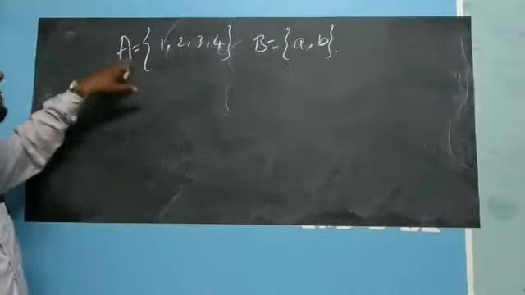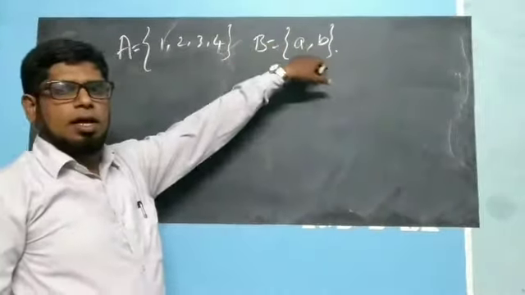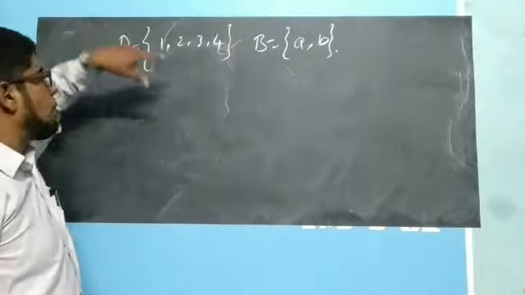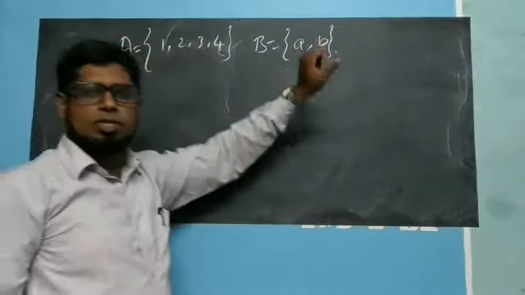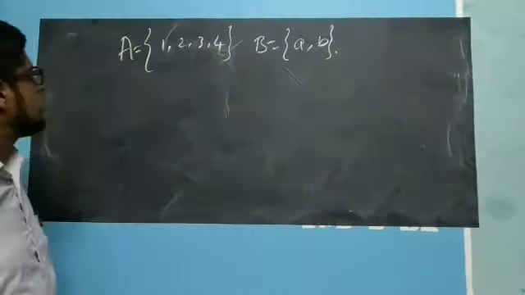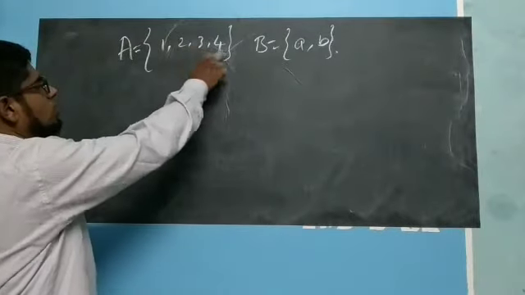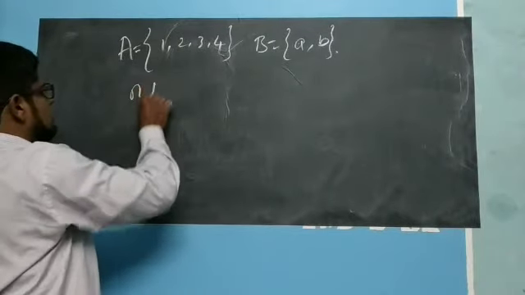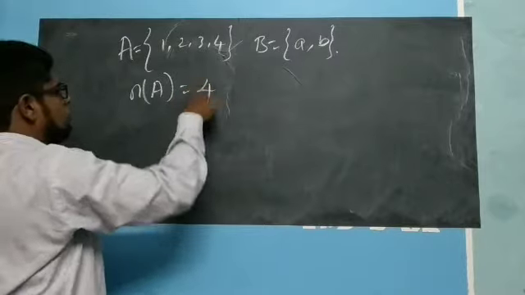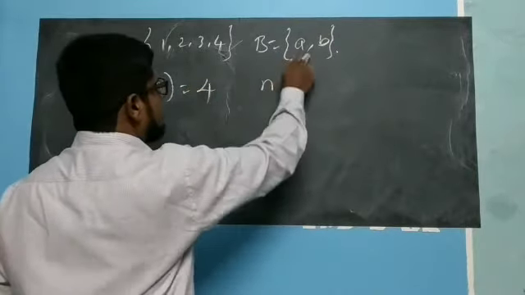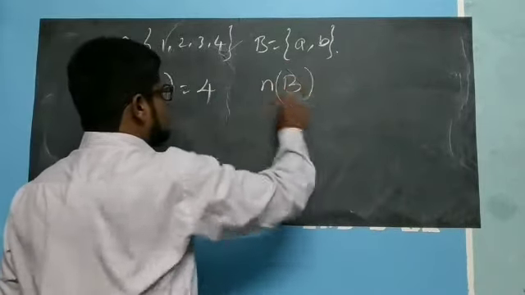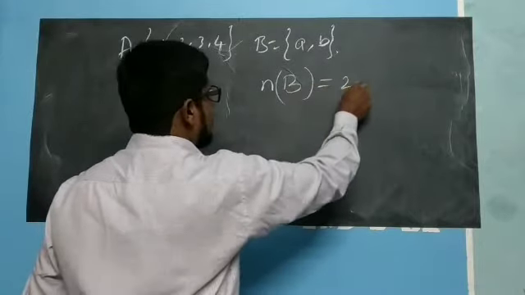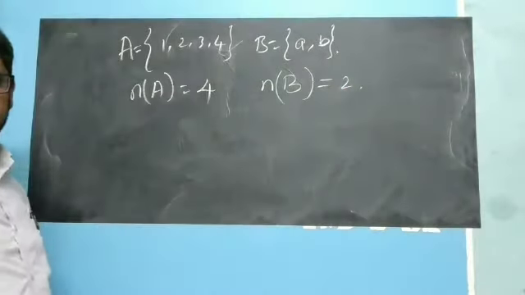Two simple sets, both non-empty. Let us see how many functions can be formed. There are 4 elements in set A, represented as n of A equals 4. Set B has 2 elements, represented as n of B equals 2.